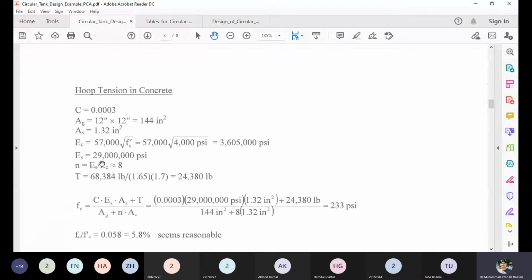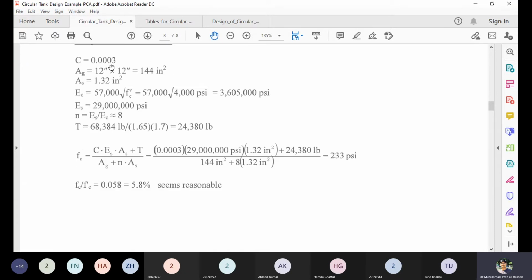You consider the maximum force, but divide it by the factors, 1.65 and 1.7, to take it back and make the working load 24 kips. So all the parameters are working stress parameters.